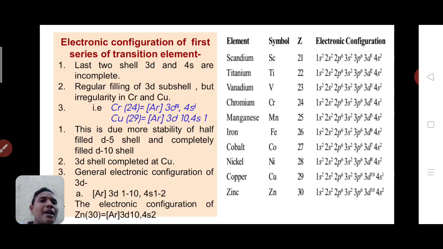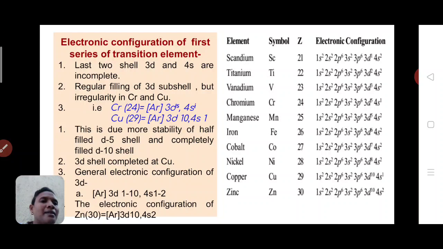The 3d subshell is regularly filling: in scandium 3d has 1 electron, in titanium 3d has 2 electrons, in vanadium 3d has 3 electrons, in chromium 3d has 5 electrons, in manganese again 3d has 5 electrons. So chromium should have 3d4 configuration, but it has 3d5. So it is an irregular filling.